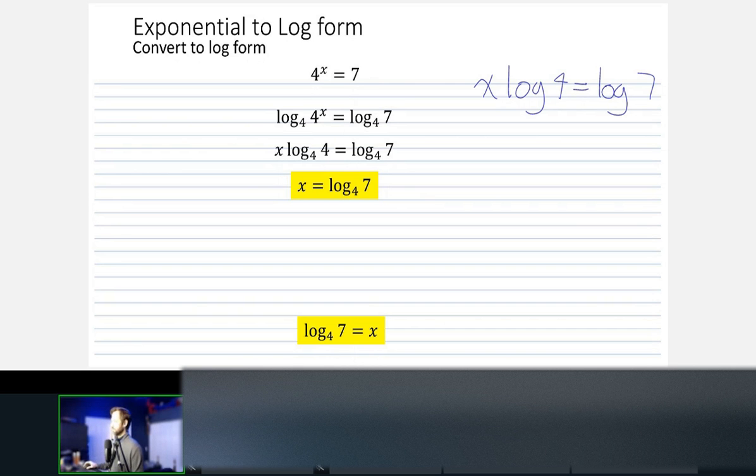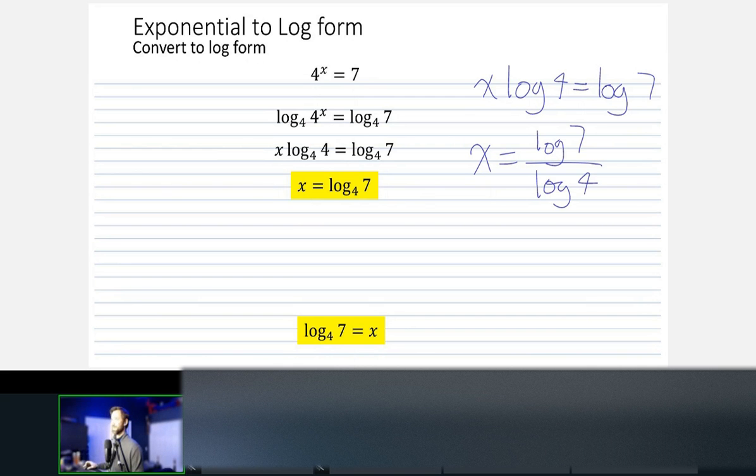And then we would have to divide both sides by log 4. We would get x equals log 7 divided by log 4.